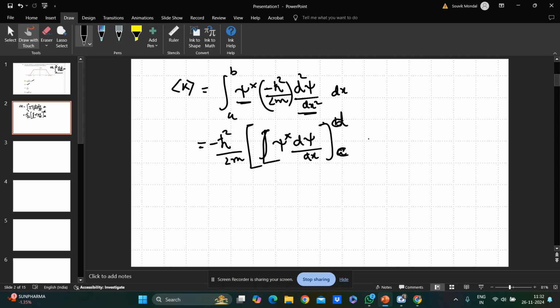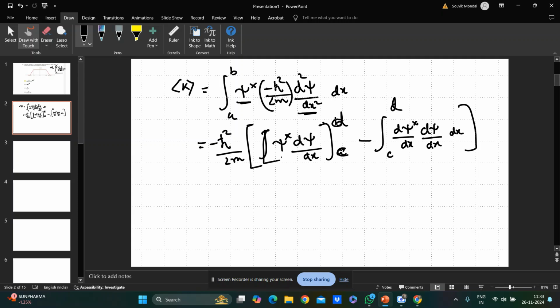Okay. Now what is your next step? Differentiate this, and keep this as it is. So it is d psi star dx into d psi dx, with suitable limit c to d, dx.